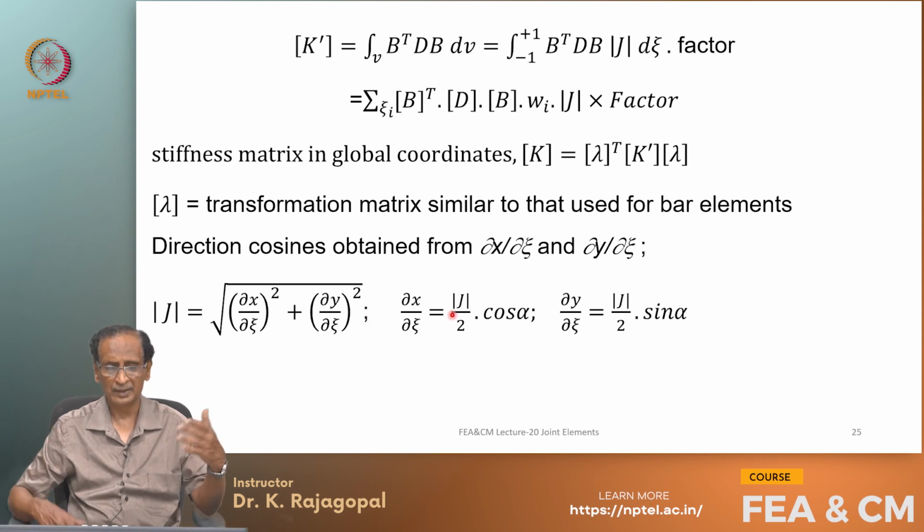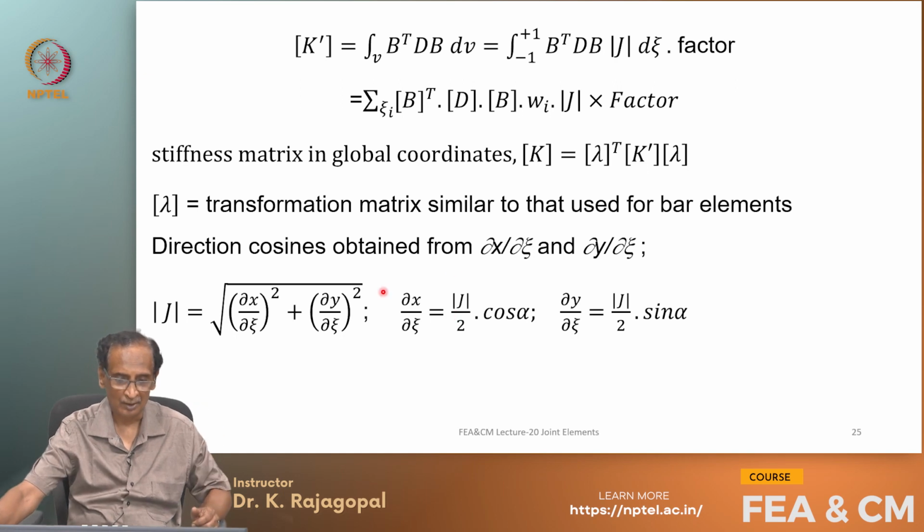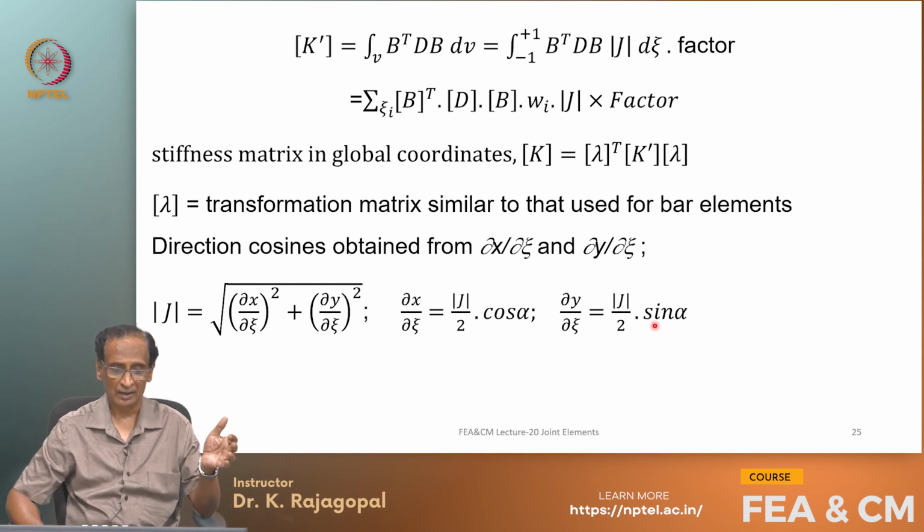We have already seen in the context of pressure loading that dou x by dou xi is mod J by 2 times cosine alpha, and dou y by dou xi is mod J by 2 times sin alpha, and this cosine alpha and sin alpha are our direction cosines.